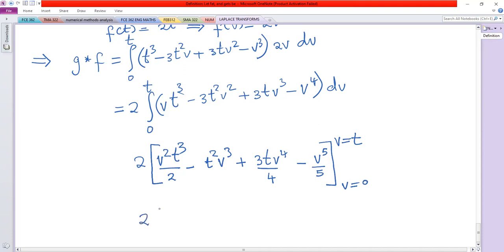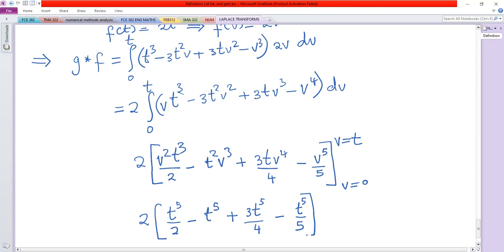So this will be twice. Now replacing the upper limit, remember the lower limit will be 0 because every term has v. So this will be t squared times t power 3, t power 5 over 2, minus t squared times t power 3, which is t power 5, plus t times t power 4 is t power 5, so 3t power 5 over 4, minus t power 5 over 5.